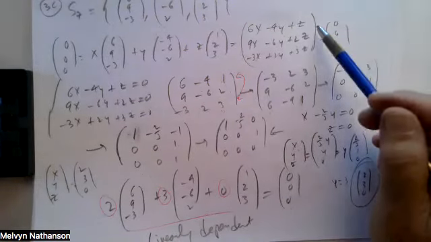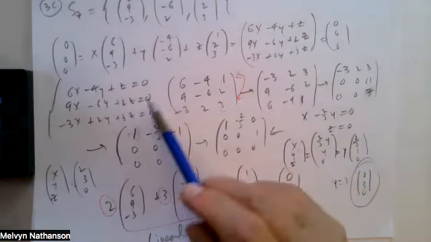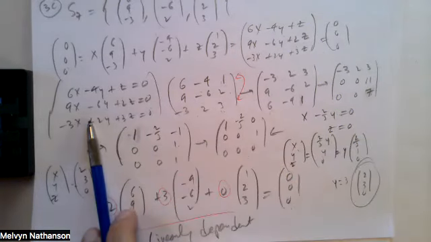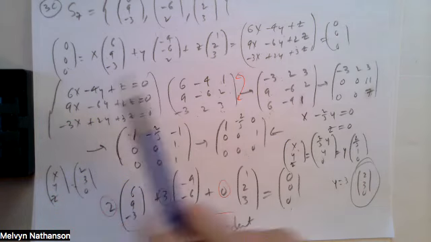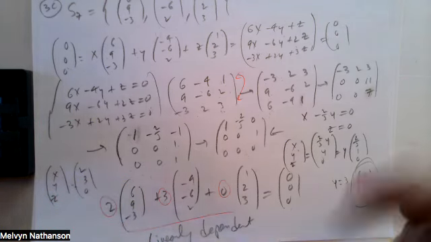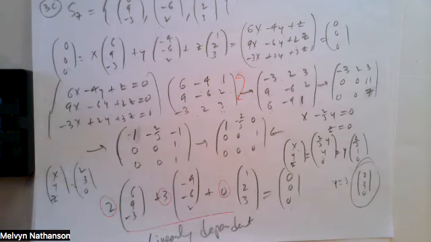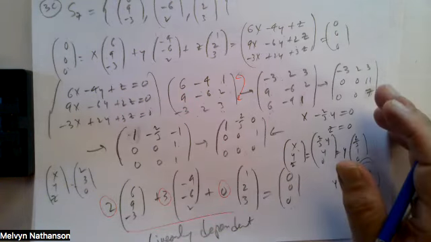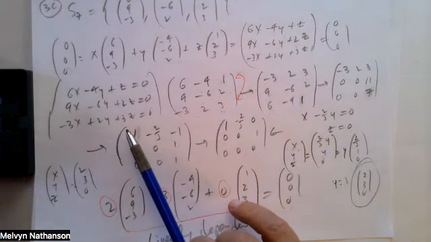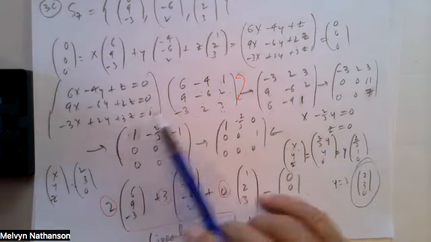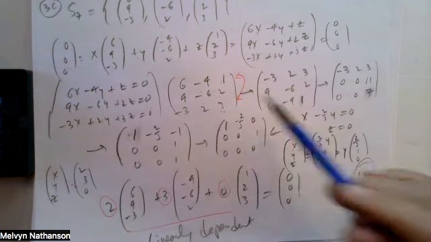Which means x, y, and z satisfy this homogeneous system of linear equations. So I need to solve that system. And I can do it any way I like. I'm choosing to do it by taking the matrix of coefficients and putting it in reduced row echelon form.